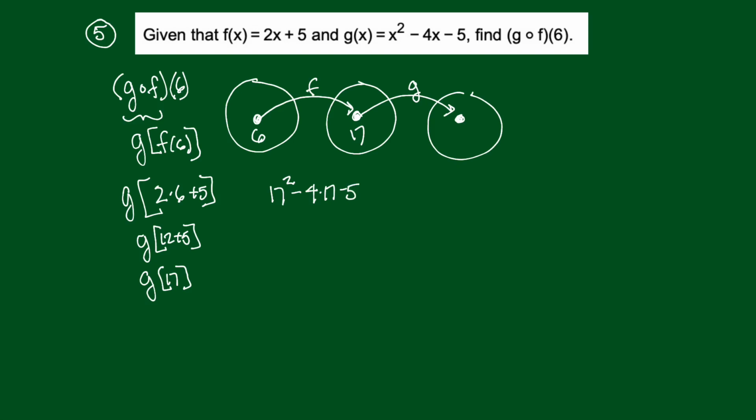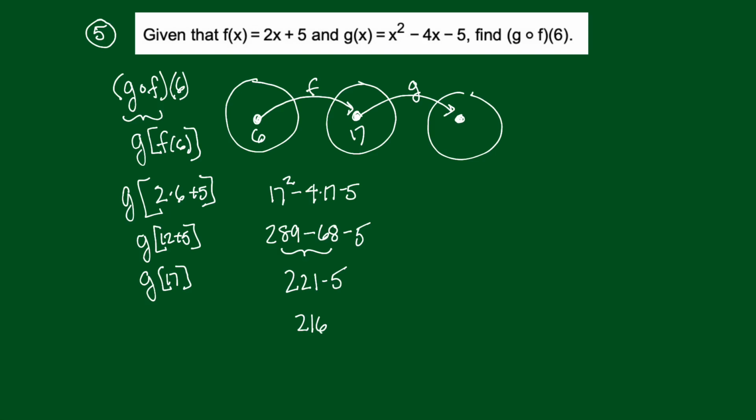All right, so my calculator says that 17 squared is 289 minus 4 times 17, which is 68, minus 5. All right, now 289 minus 68 is going to be, I think, 221 minus 5, which is going to give us 216.